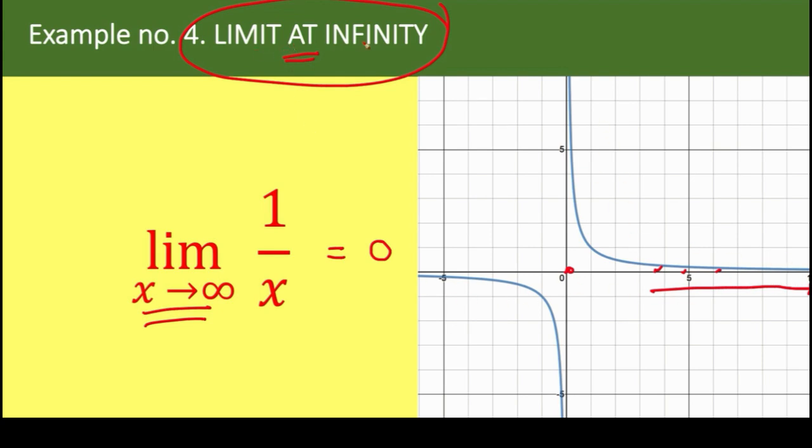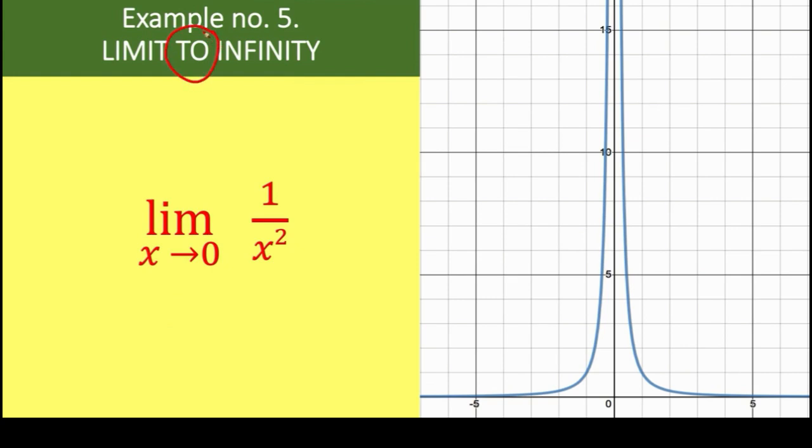If we have limit at infinity, there is also what we call limit to infinity. Let's take a look at an example. So we have here limit to infinity. What is the limit of the function 1 over x squared as x approaches 0? So we are going to look at both the left hand and the right hand limits here. If we're going to look at the left hand limit as x approaches 0 from the left, what is the limiting y value?